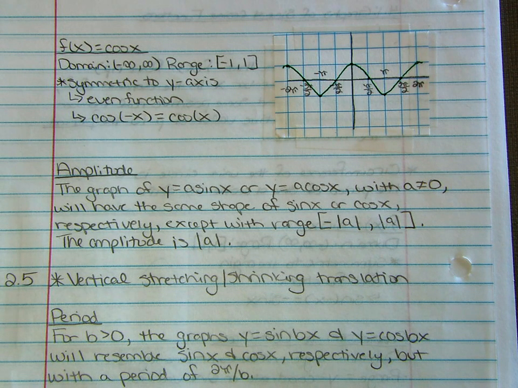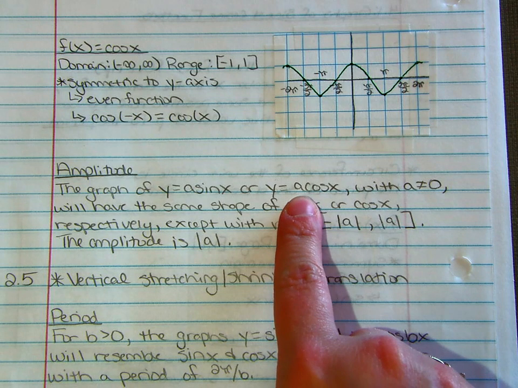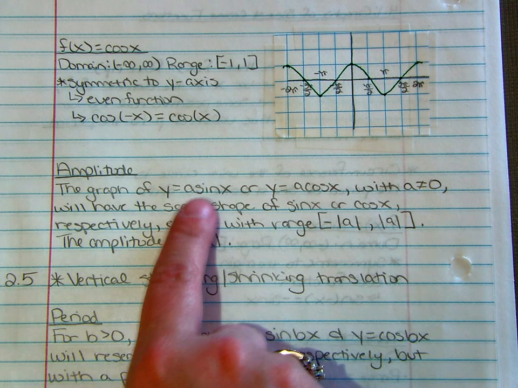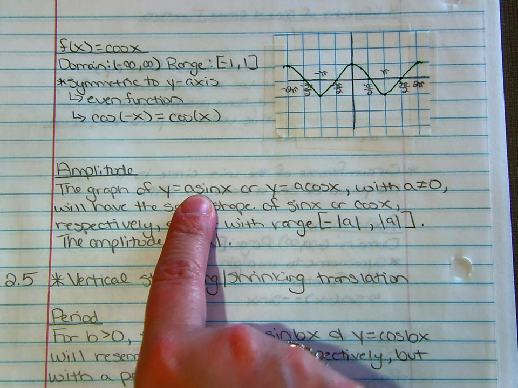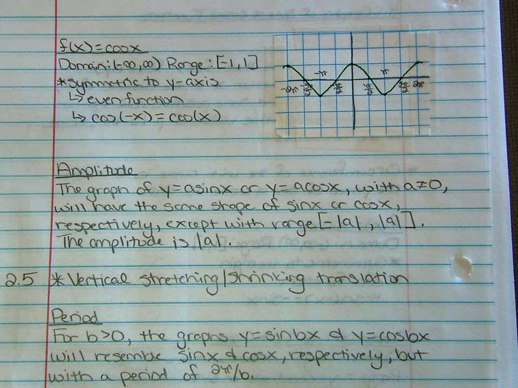What happens, though, is we're going to graph more complicated functions and equations. And so this A that can fall right here in front of your cosine or right here in front of your sine can be different values. And whatever those values are tells you your amplitude.